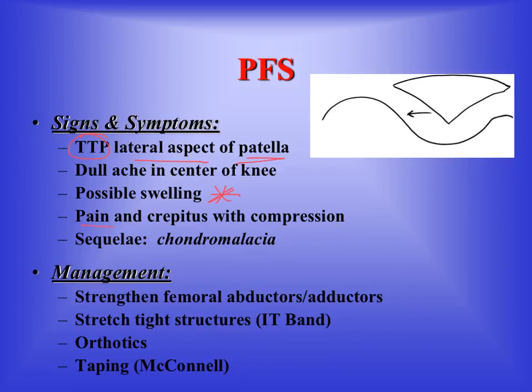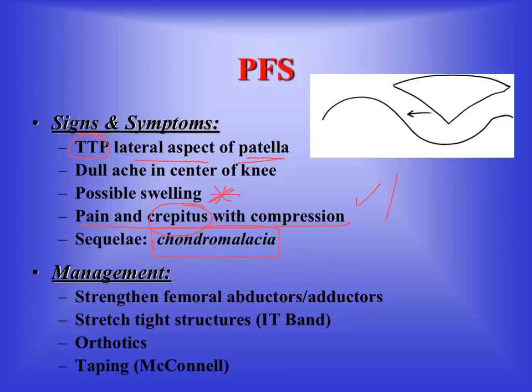But one of the biggest things you will note is crepitus, that creaky, nails-on-a-chalkboard sound that you hear when the patient flexes and extends their knee. If this malalignment doesn't get corrected, the patient can develop what we call chondromalacia, and we'll talk about this pathology on the next slide.